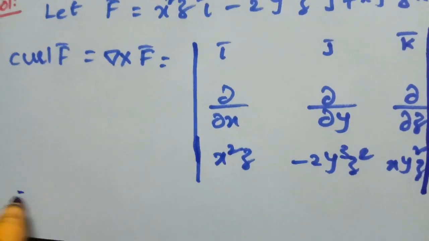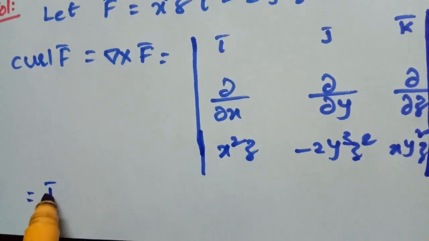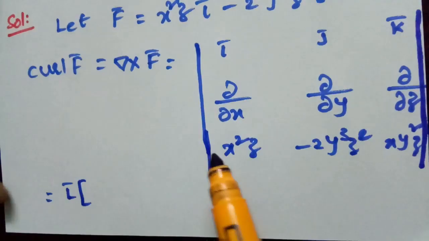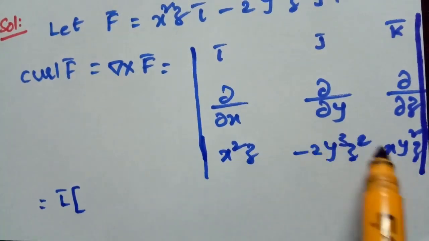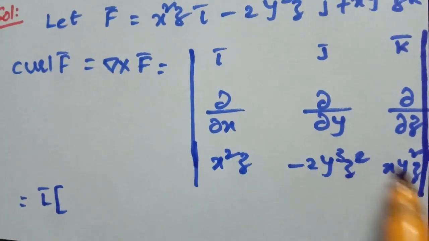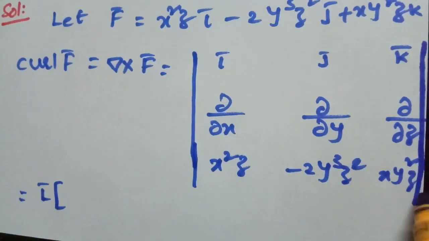Therefore, this can be written as i bar into, by deleting first row, first column, dou by dou y of x y square z. So with respect to y, x and z are constants.